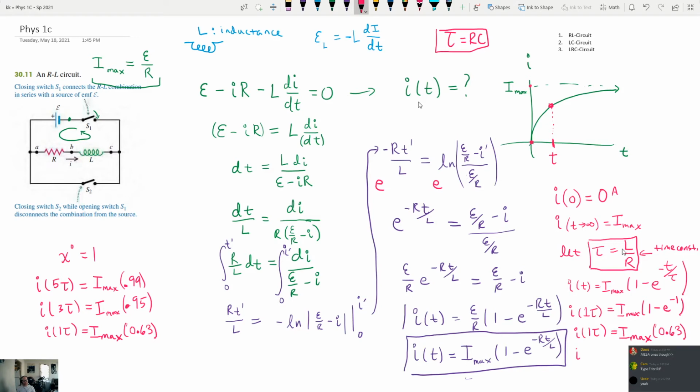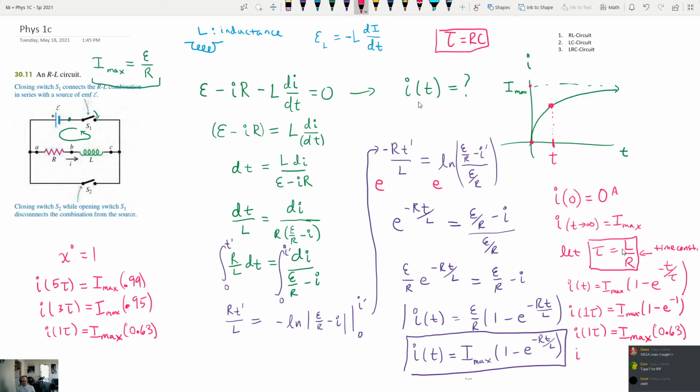So when you're trying to push charges onto a plate and there's more friction, it's going to take longer, right? Because they're just not going to be able to reach the same amount of energy. So, yeah, it is kind of backwards here.